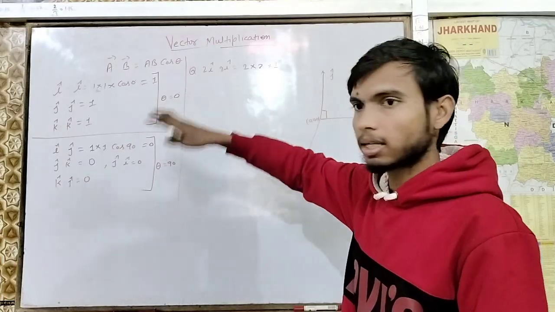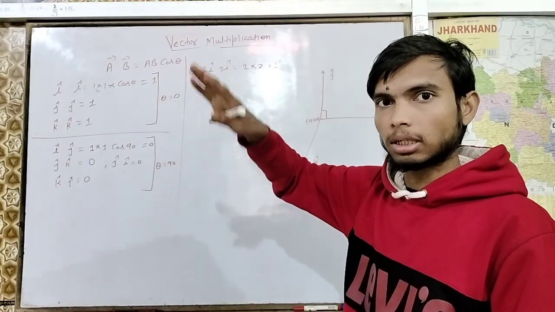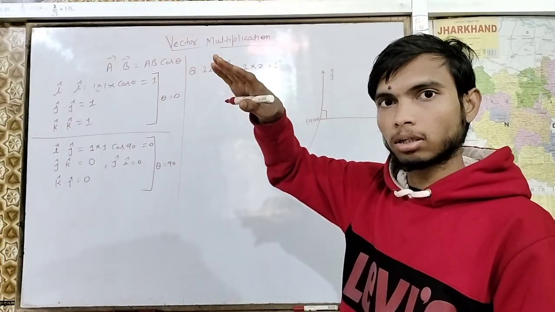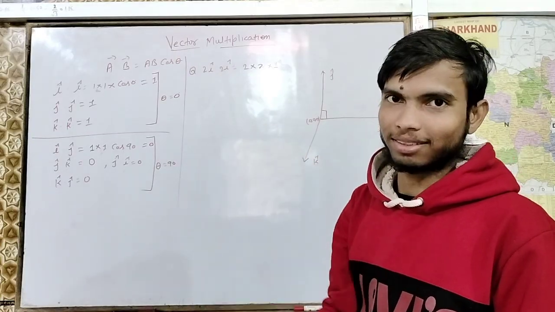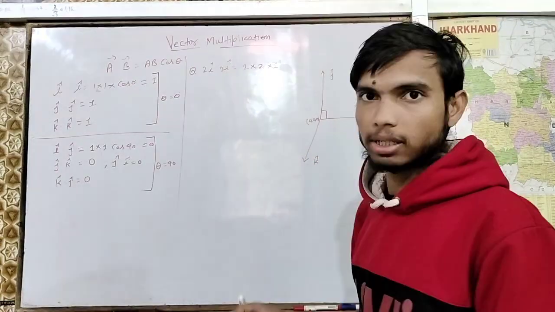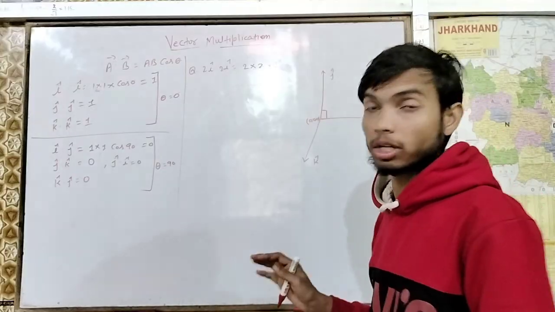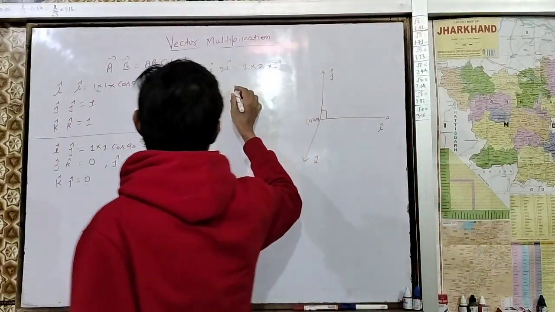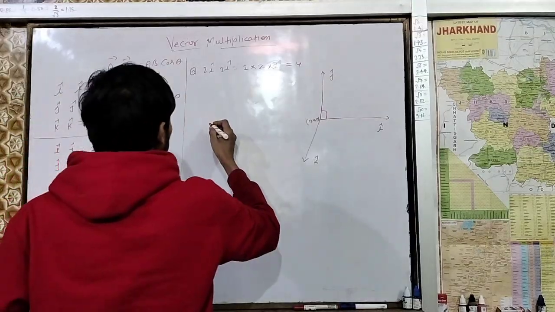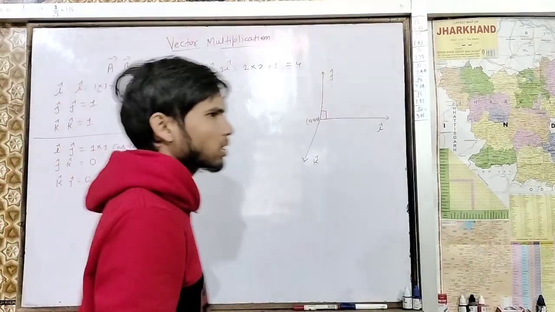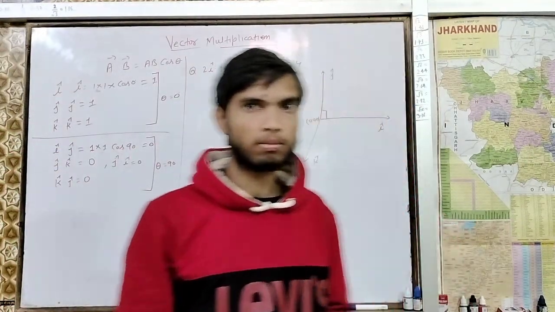Here both vectors lie one upon another, so the rotation is nothing. Rotation is 0. So cos 0 will be 1. So finally you are getting 4. That is how a question will come.